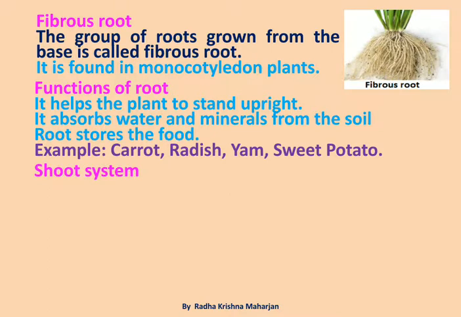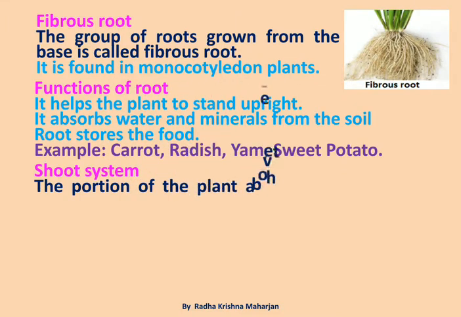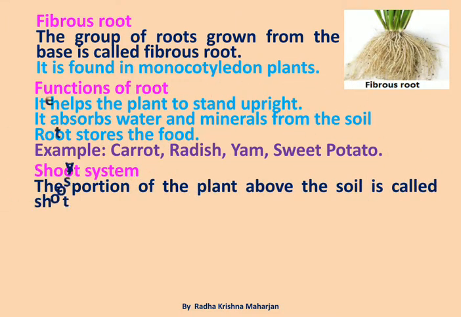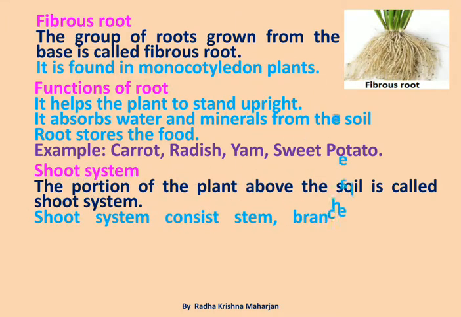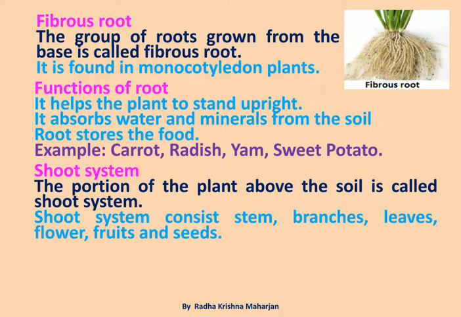Shoot system. The portion of the plant above the soil is called shoot system. Shoot system consists stem, branches, leaves, flower, fruits, and seeds.